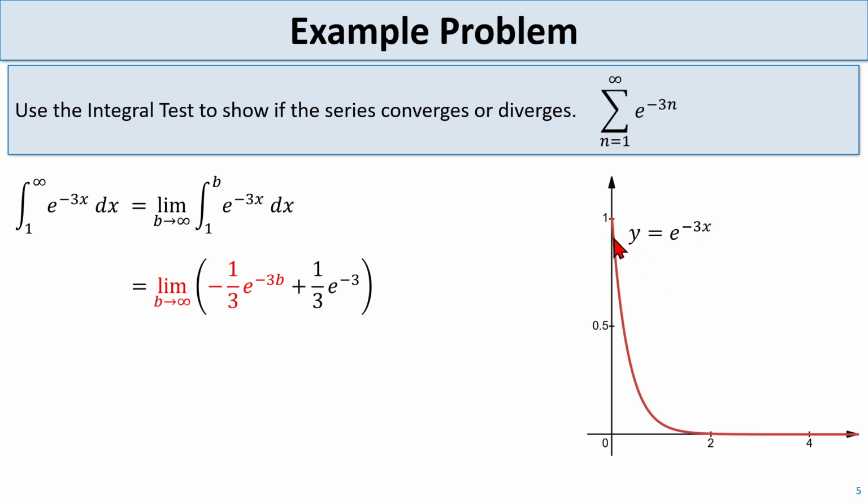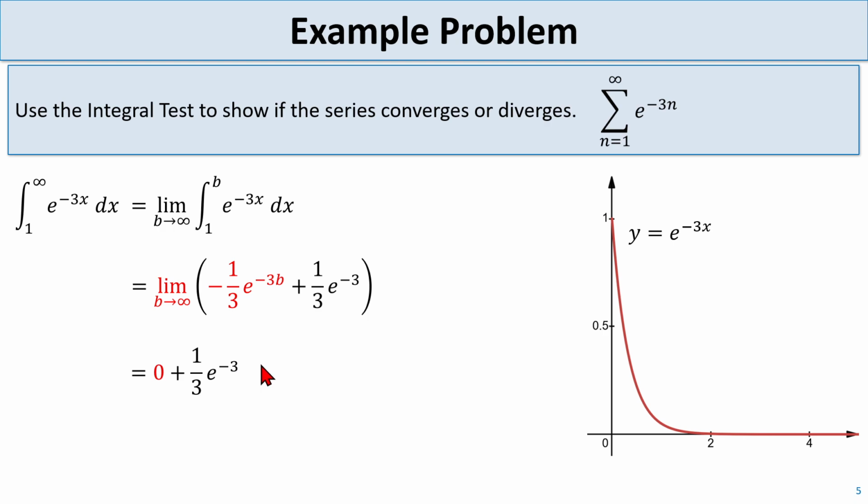If you make the x values start going towards infinity, the y values go to 0. So the limit of this first term is going to be 0. Therefore, this improper integral converges to the value 1/3 e to the negative 3.